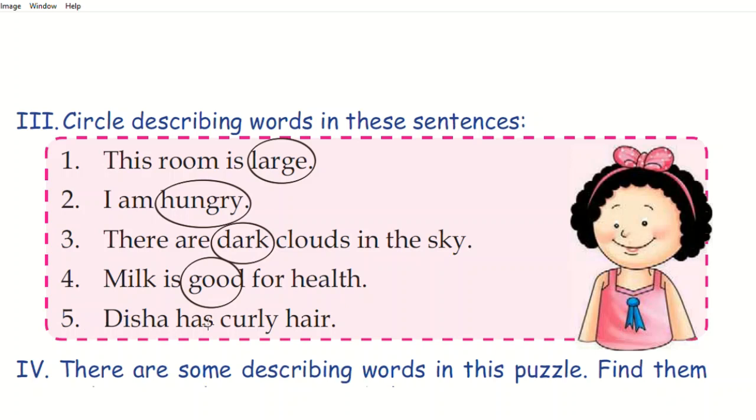Disha has curly hair. In this sentence, the word curly is the describing word. Circle it. So children, here you have seen and done circling the describing words in each sentence, and you have also learned how to recognize the describing word in a sentence and then circle it.